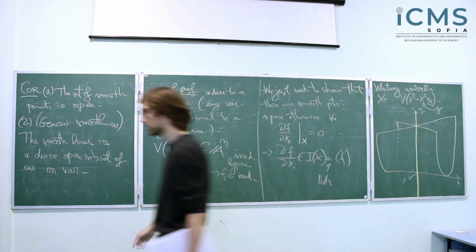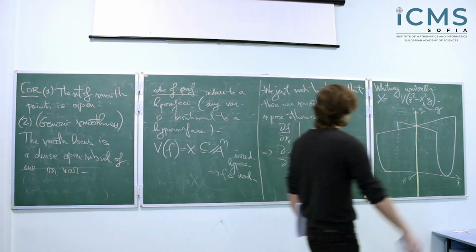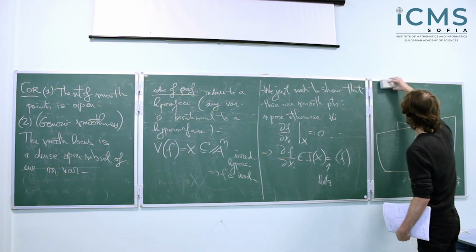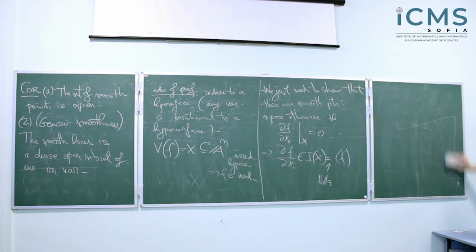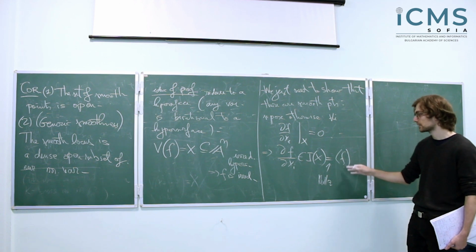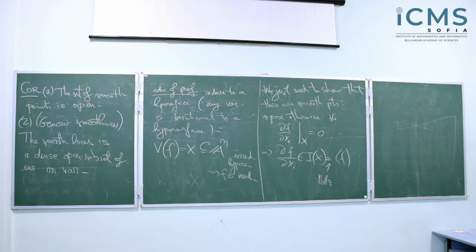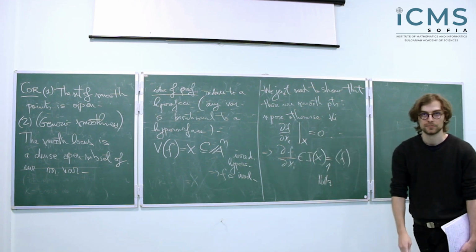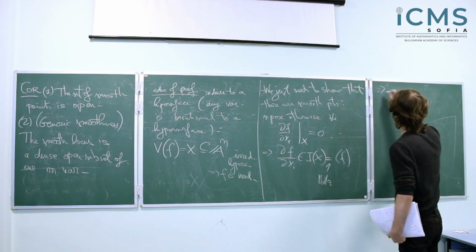But wait a minute. The partial derivative of f and the polynomial f have different degrees, right? This is degree, let's say, k, and this is degree k minus 1. So what does that mean? That means that the partial derivative is 0, because f is irreducible.